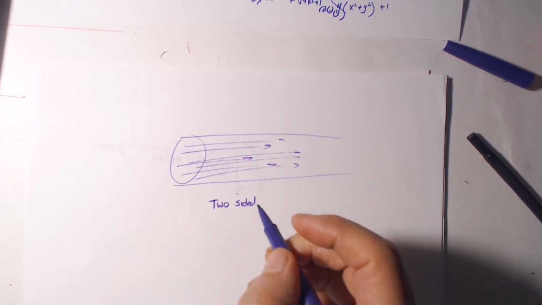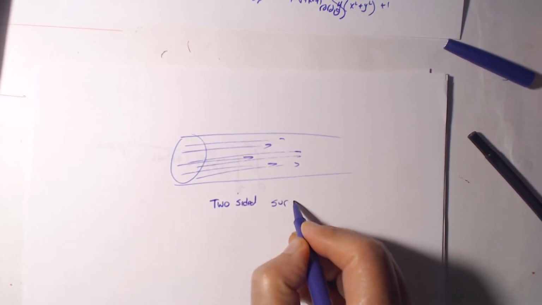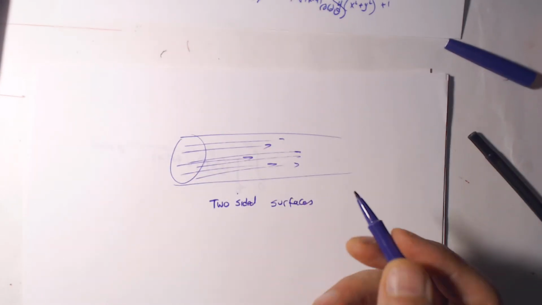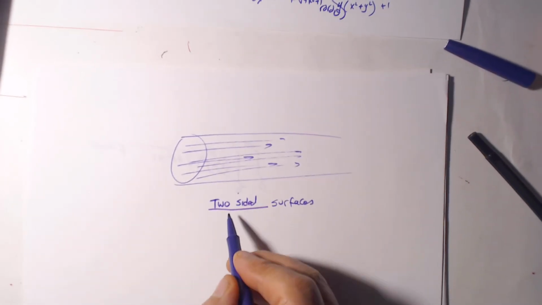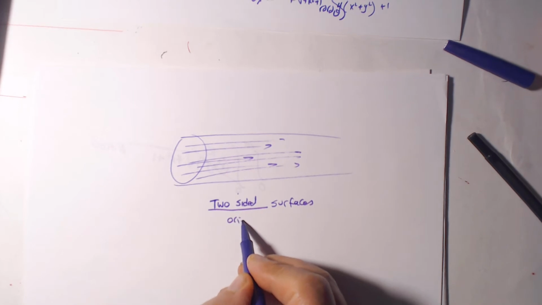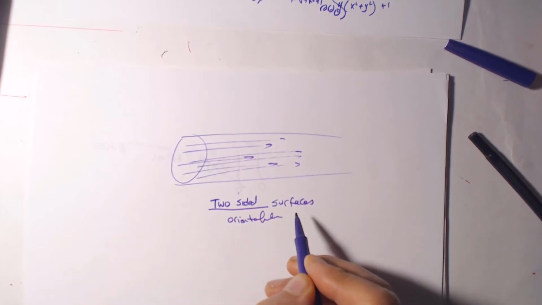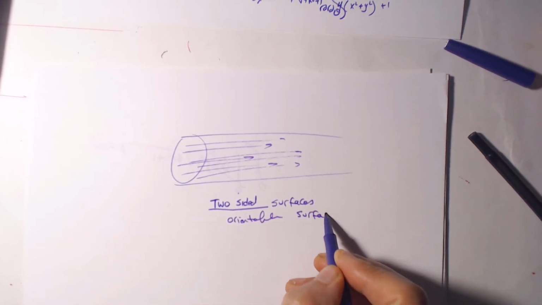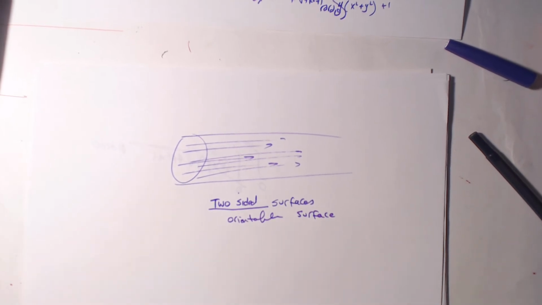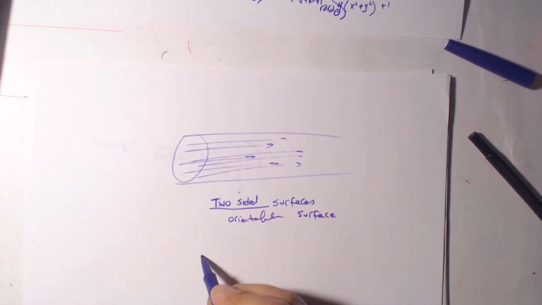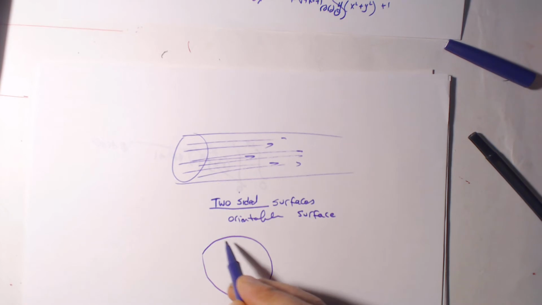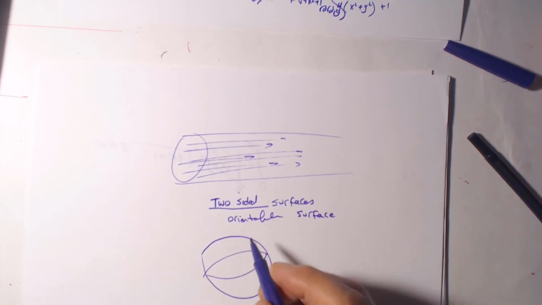two-sided surfaces, or sometimes they call the two-sided surfaces an orientable surface. Somebody said, what is a two-sided surface? A sphere is a two-sided surface.